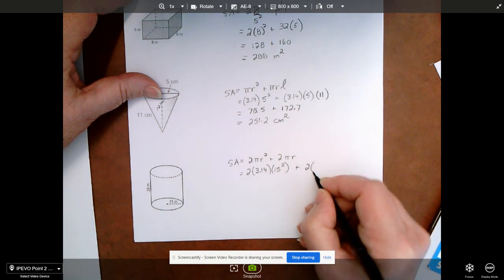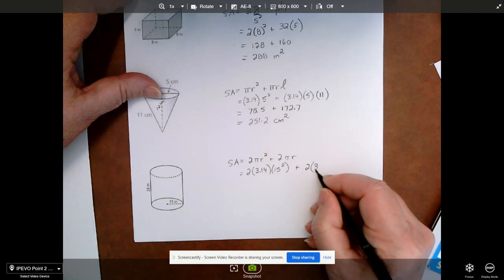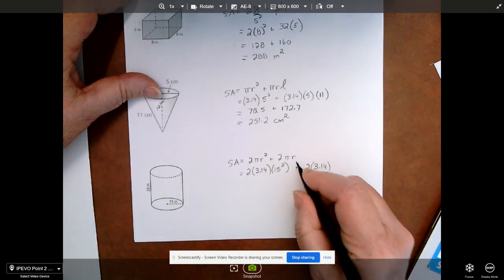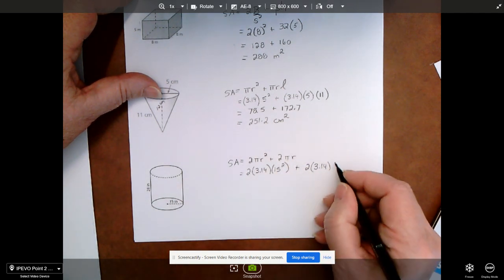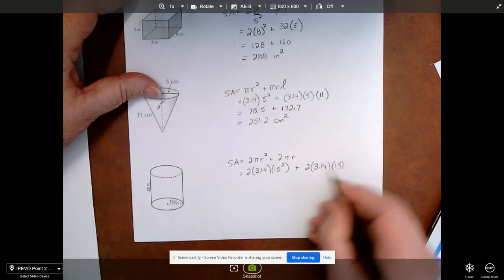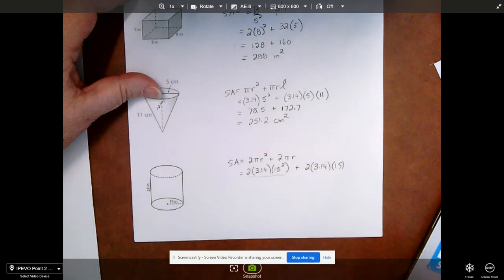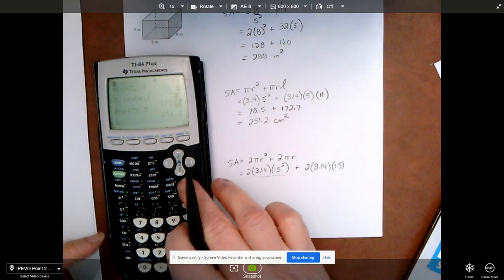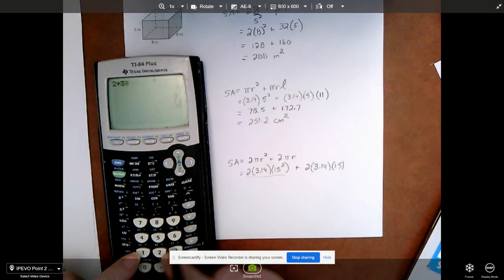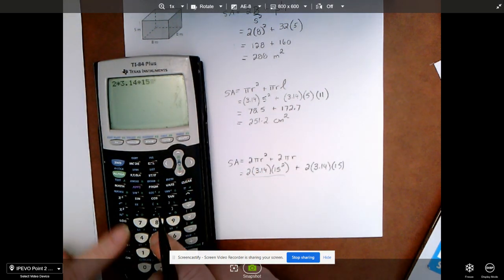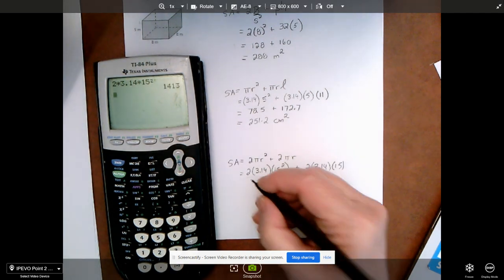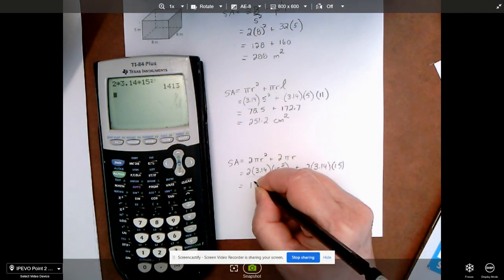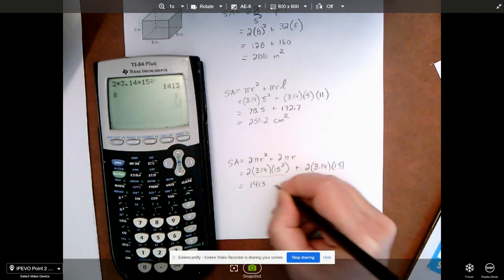Plus 2. Pi is 3.14. And the radius, again, is 15. So I'm going to multiply just these two together first. So 2 times 3.14 times 15 squared is 1,413.